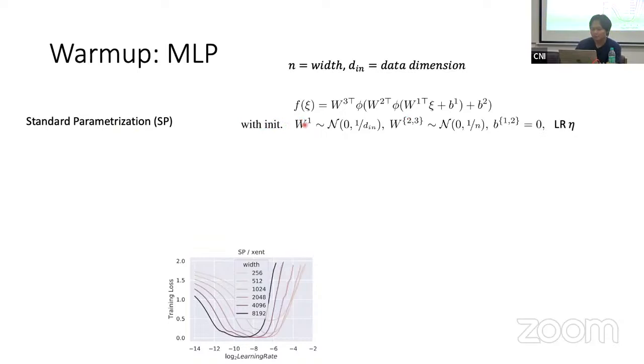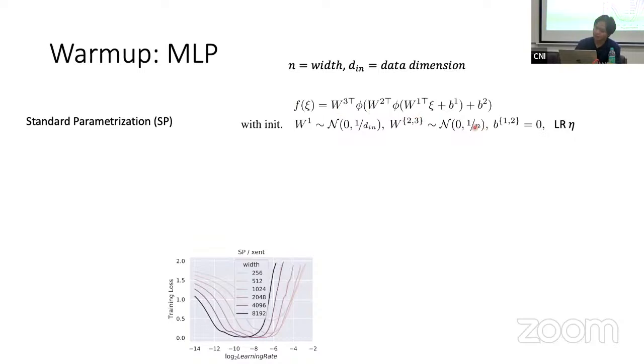You would initialize the weights W1 and W3 like the following, where W1 has entries i.i.d. from a Gaussian with mean 0 and variance 1/Dn, where Dn is the data dimension, the dimension of psi. And the middle and the upper layers have variance 1/n, where n is the width of the model. So for example, W2 is n by n, and W3 here is n by 1.